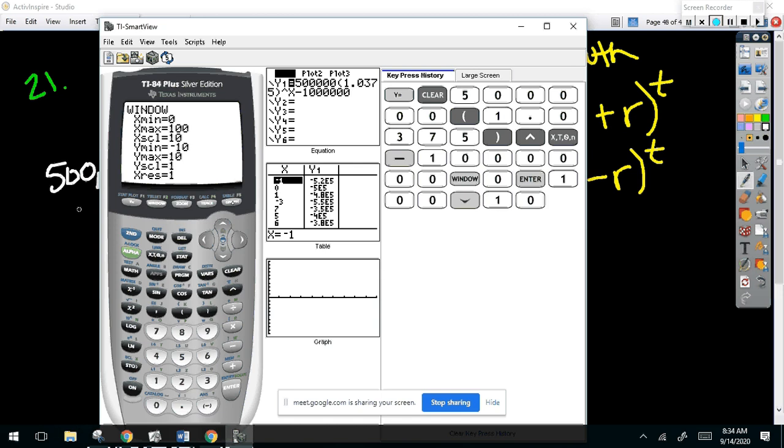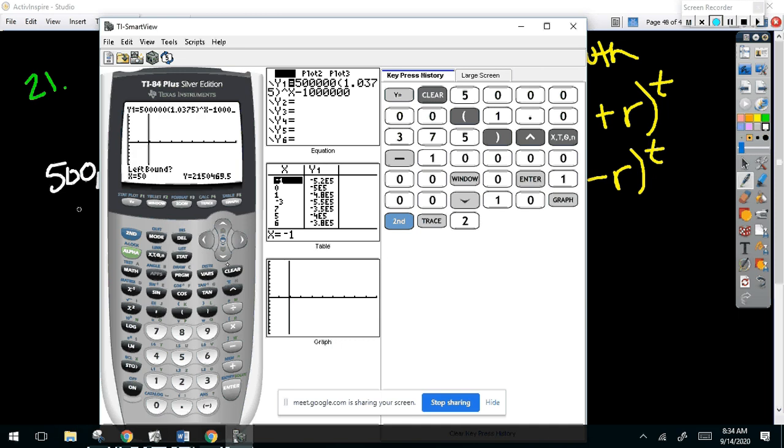So now, do y'all remember how to calculate a zero? Second, trace my zero. Where am I? I am way high. Nope, I'm not. No, Joseph, you put that in the wrong way. I need to come way over here. X is at 20.